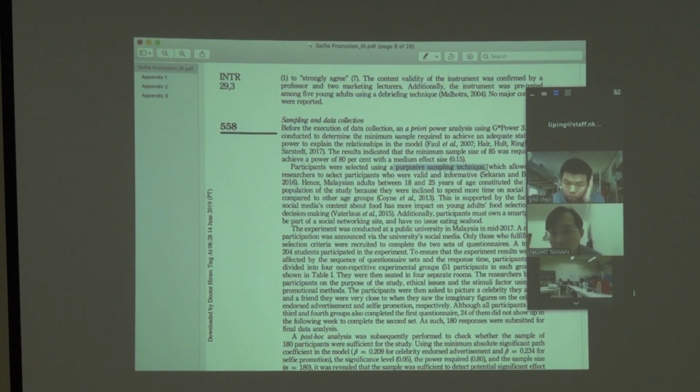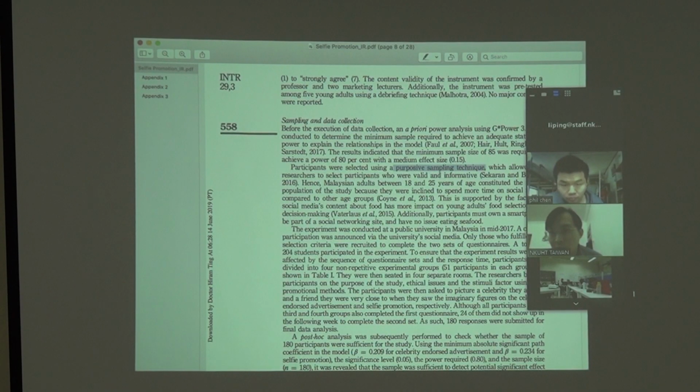So the editors and the reviewers have no issue with this, as long as it is appropriate, consistent, and in line with what your study is about and the situation with your target population. This study is about selfie promotion. Where can I get the list of every person who takes selfies in Malaysia? It's not possible. There is no list of selfie people.